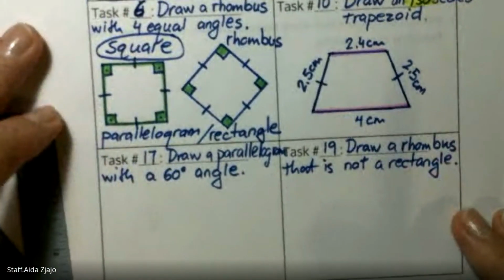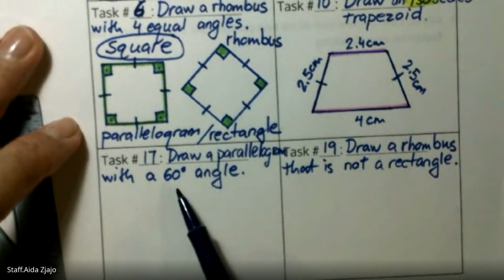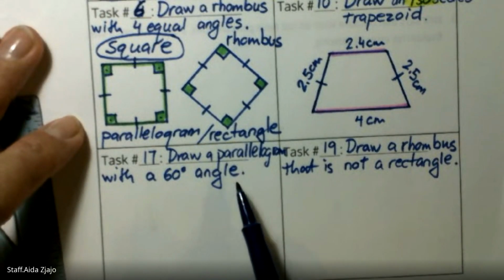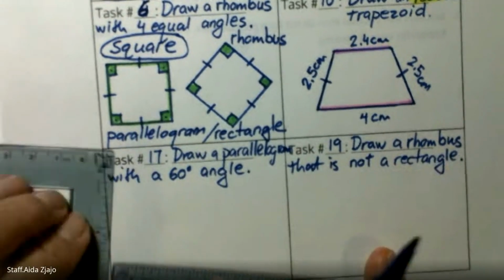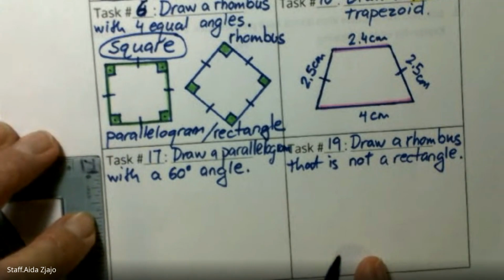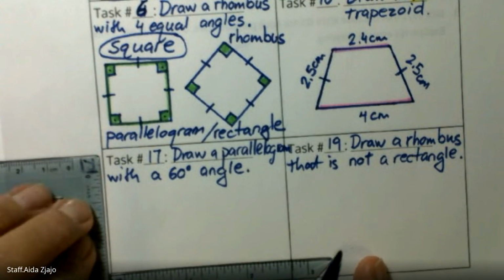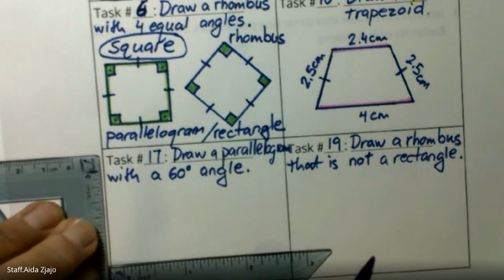Okay, let's move on and draw a parallelogram with a 60 degrees angle. A parallelogram is like a rectangle, with two longer sides and two shorter sides.